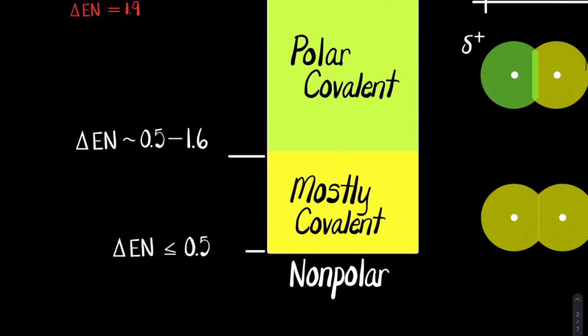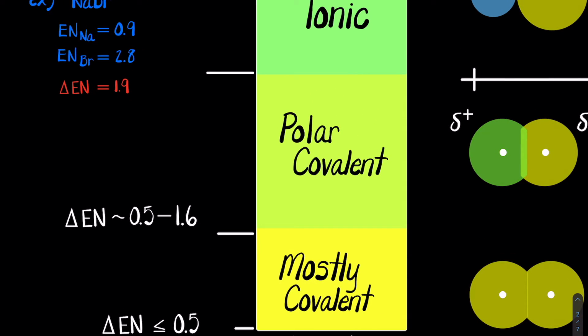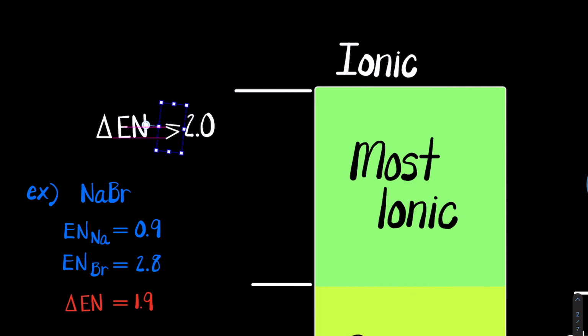More scientifically, this has to do with electronegativity differences, and we see this with nonpolar being less than 0.5. Polar covalent bonds are in between 0.5 and 1.6, and ionic greater than 2.